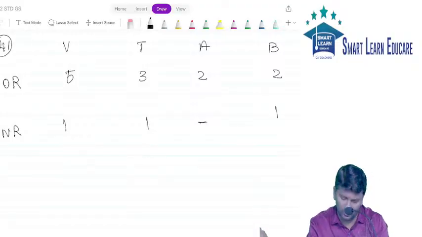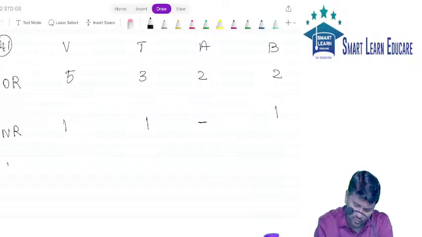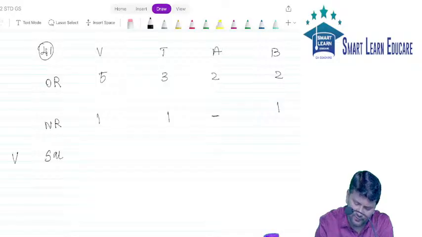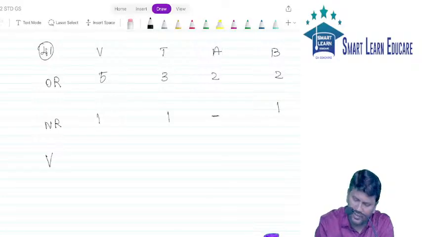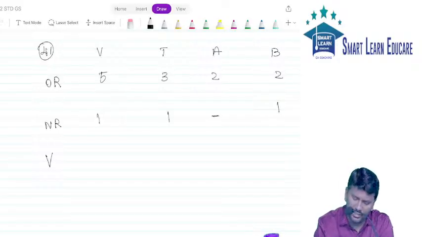This is the ratio. Now find the sacrificing ratio. We don't know who is sacrificing or gaining, so first we will find for V. If you get answer in positive, then it is sacrifice. If you get answer in negative, meaning gaining.